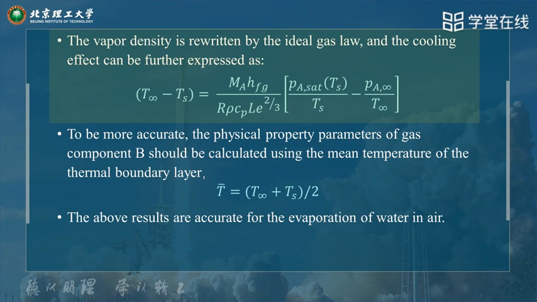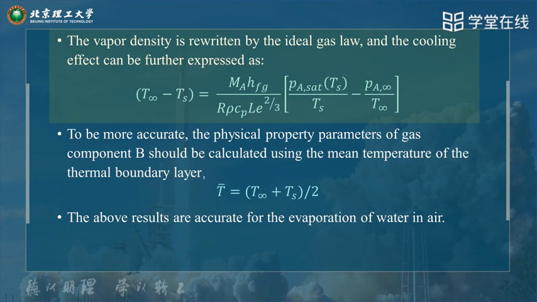The cooling effect, the temperature difference T infinity minus Ts, equals M_A h_fg over R rho Cp Lewis power 2/3, where Le is the Lewis number, times (P_A,s divided by Ts minus P_A,infinity divided by T infinity). P_A means the saturation partial pressure, and P_A infinity means the pressure at a very long distance.